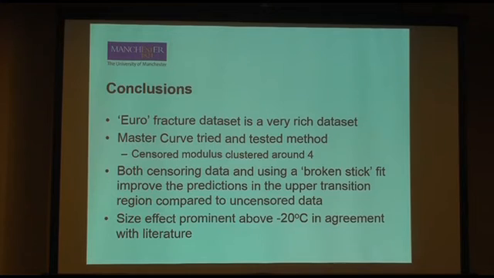We're hoping to be able to find some kind of behaviour that we can use to come up with a similar approach in the upper transition region. We've looked at both censoring the data and using a broken stick regression. They both improve predictions, and we see a prominent size effect, which is noted in the literature once we get above -20 degrees.